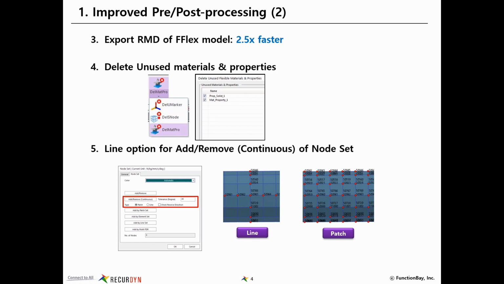So a quick comment about the RMD file. I'm not sure how many people have worked with it, but the RMD file is actually an ASCII file that is always exported every time you do a solve. So this 2.5 times speed up means that there'll be less of a lag between when you kick off a simulation and when you see the solver actually running.